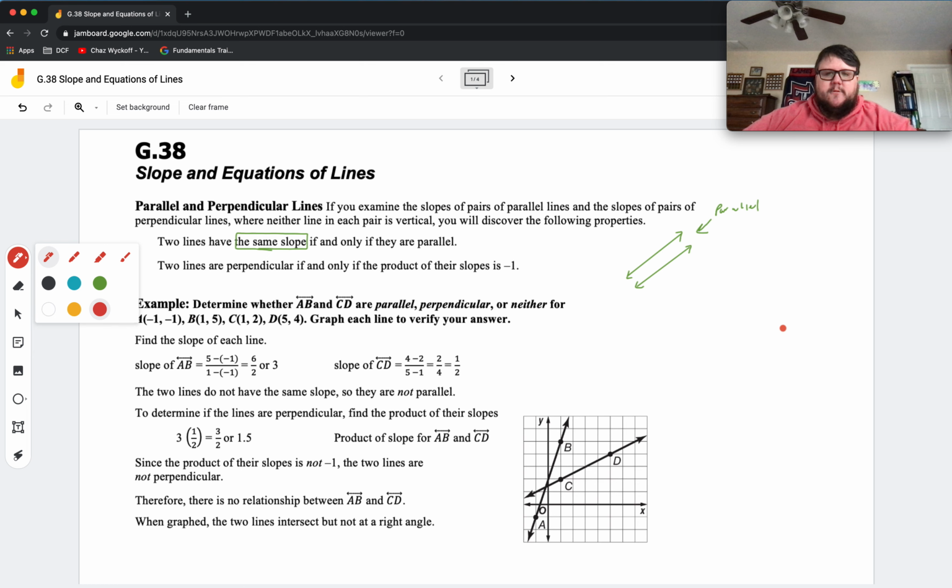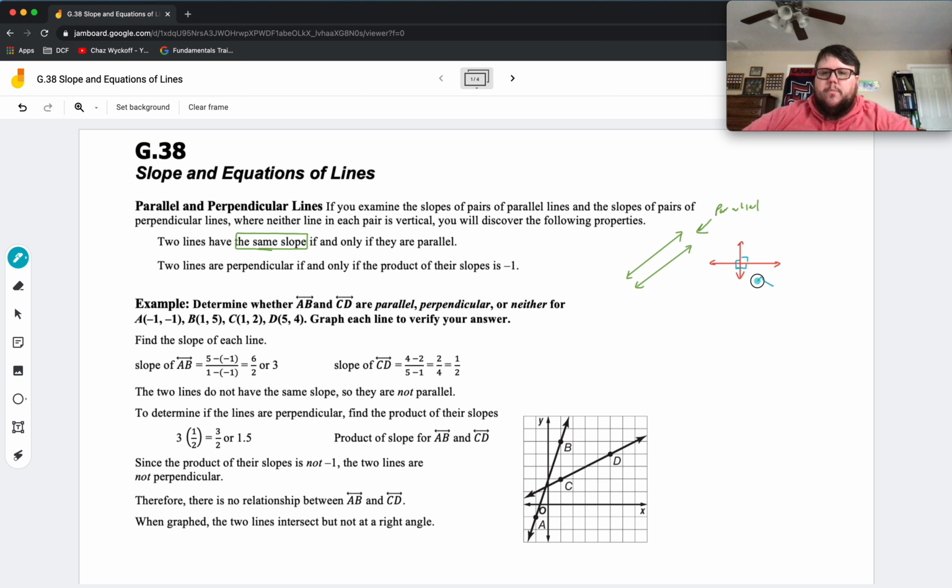Perpendicular lines look like this. So we have perpendicular lines. They intersect, but they have a special type of intersection. They intersect at 90 degrees. All these angles are 90 degrees.